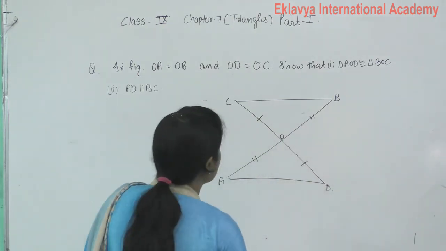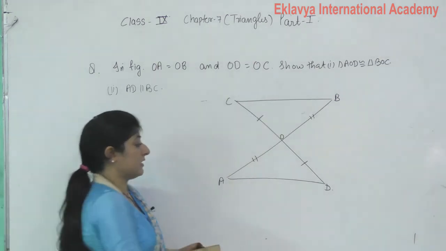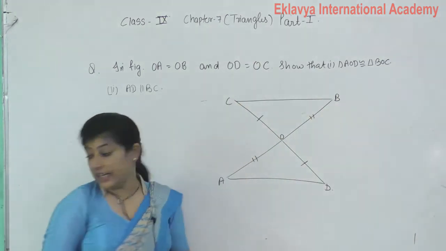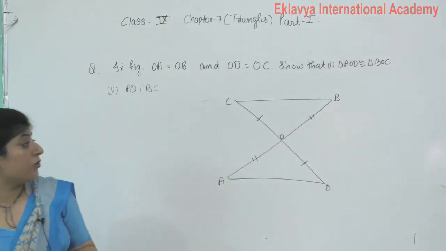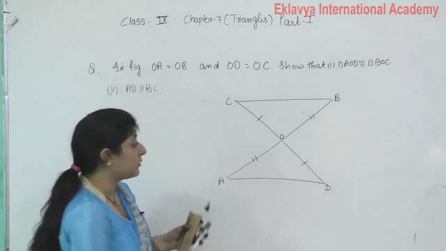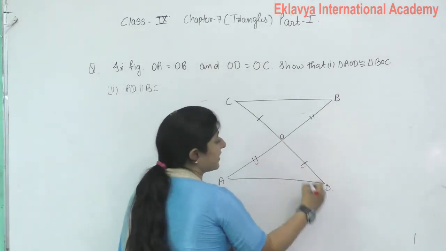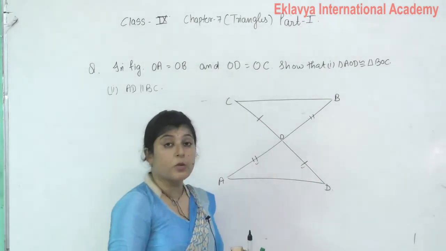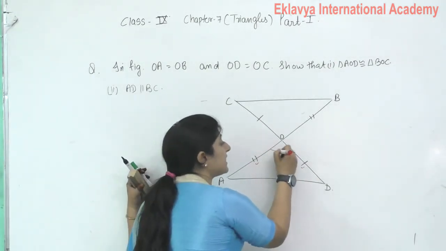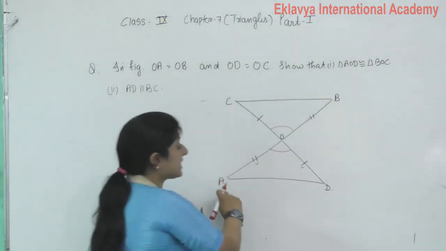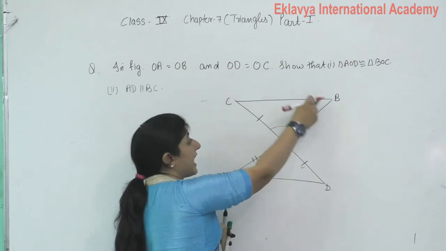Now see, there are two triangles, AOD and BOC. How do you prove these two triangles are congruent? Two sides are given to you. Then we need one included angle. Can you see a relation between these two angles? What is the relation between AOD and BOC?